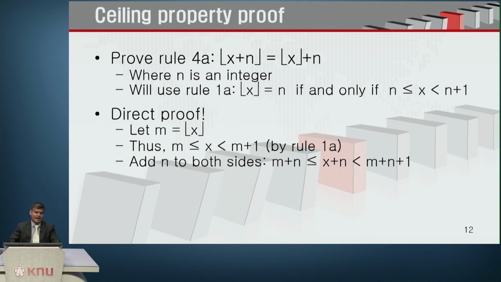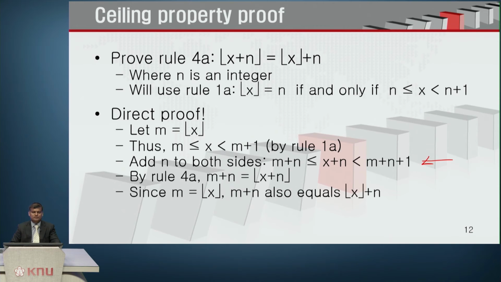Let's add n to both sides. So we have m plus n less than or equal to x plus n less than m plus n plus 1. Right? We are right here now. Then by rule 4a we have m plus n equals the floor of x plus n.